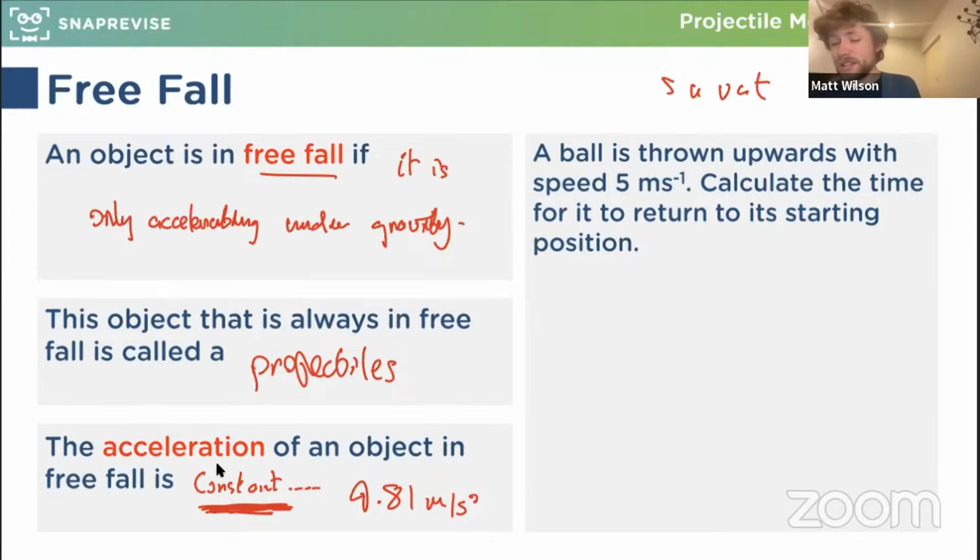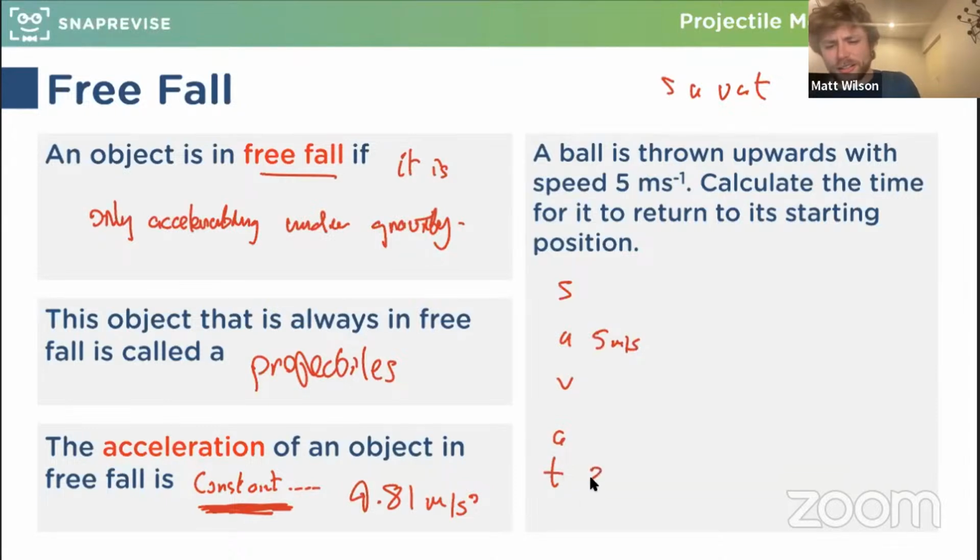Let's have a go at looking at an example of an object in free fall and using the Suvat equations to describe its motion. So here we're told that a ball is thrown upwards with a speed of 5 meters per second. We're asked to calculate the time for it to return to its starting position. Okay, so let's write down all of our key quantities, S, U, V, A, T. Now let's see, we're told an initial velocity of 5 meters per second.